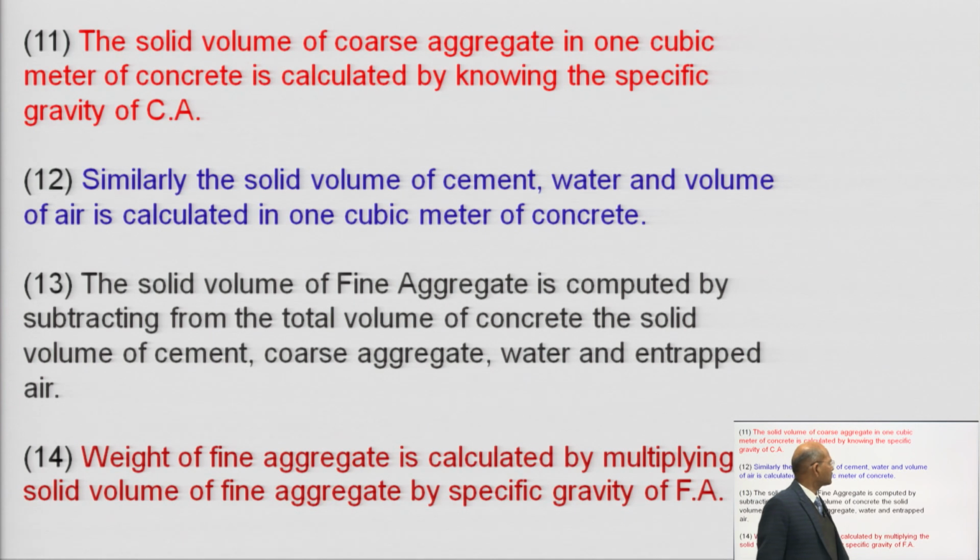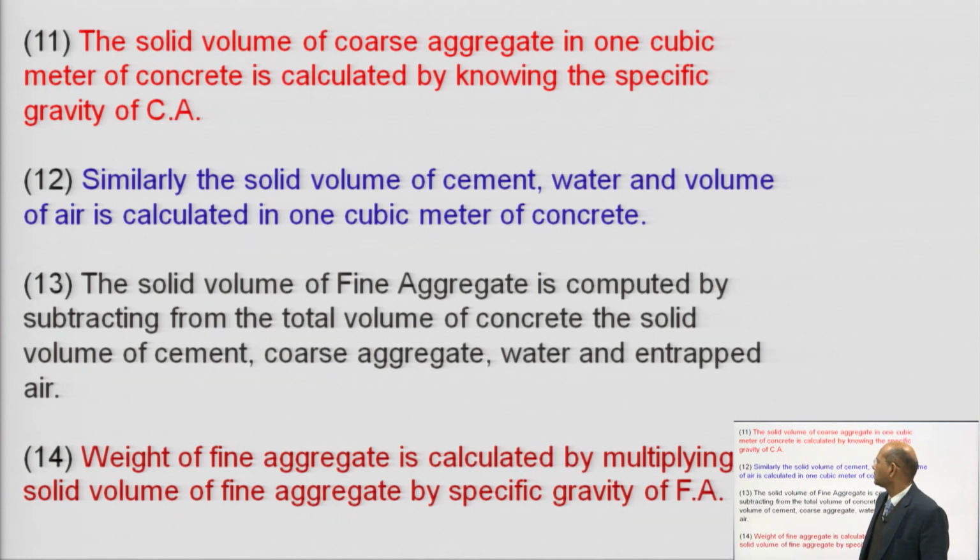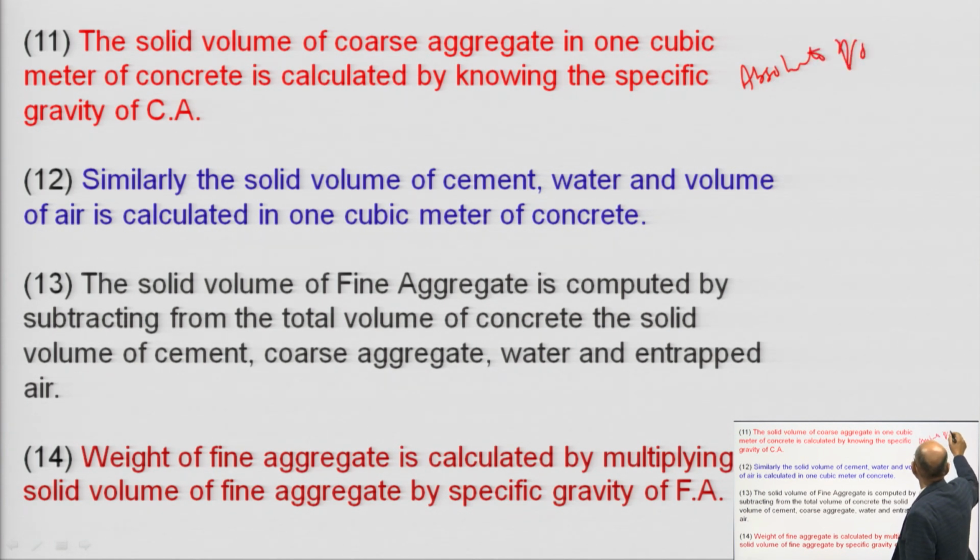The absolute volume of coarse aggregate you can find out as the weight of coarse aggregate divided by specific gravity divided by 1000.